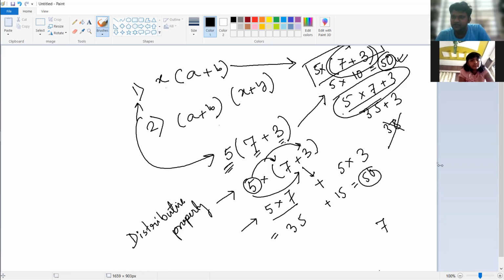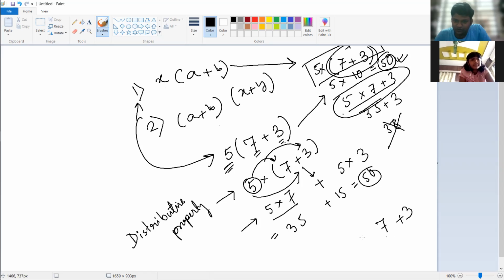7 plus 3. Obviously, one tea and one biscuit, right? In the same way, all the people spent 10 rupees. But how? One tea and one biscuit, that is 7 plus 3. Now, how many people are there? 5.